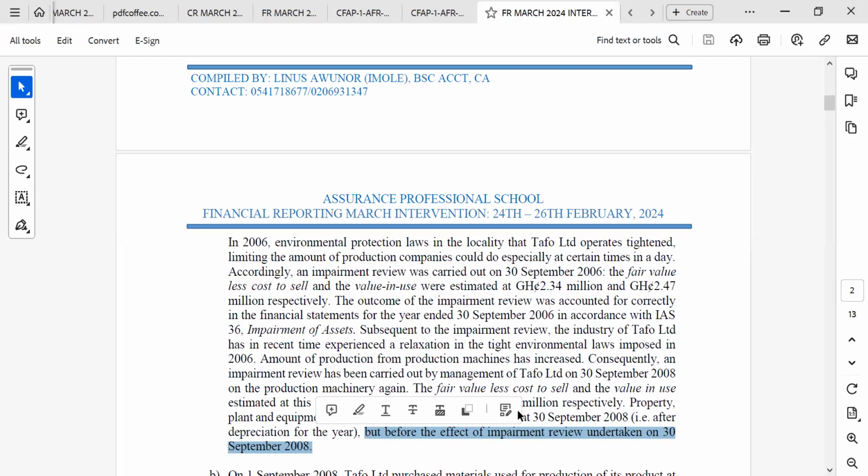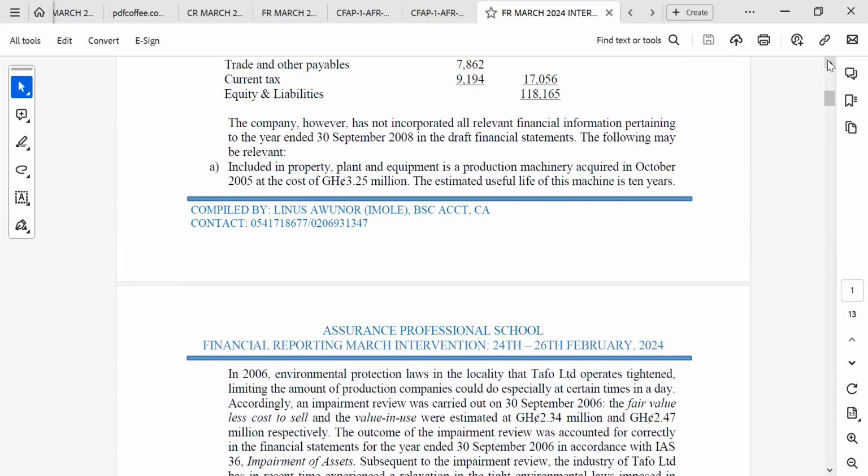So if the condition should not be there, what should have been the situation at this date? We need to know the carrying value of the asset as at this date. Let's look at when the asset was purchased. October 2005.